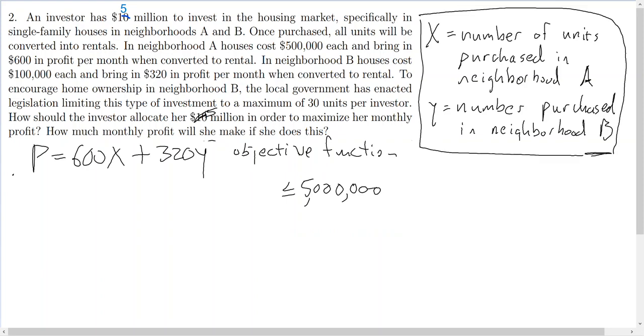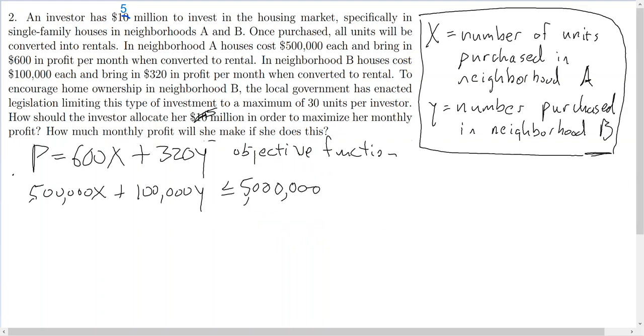It's what she spends buying houses. So if she buys X houses in neighborhood A and each one costs 500,000, then 500,000 times X is what she spends buying houses in neighborhood A. Likewise, 100,000 times Y is what she spends buying houses in neighborhood B.